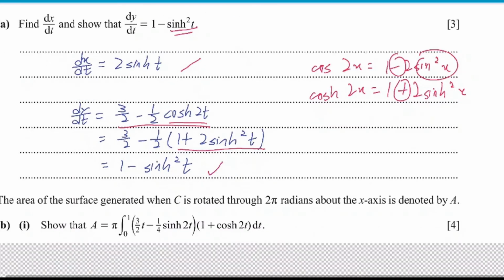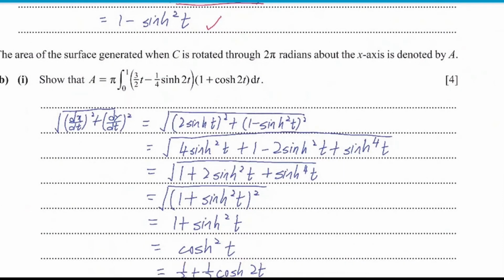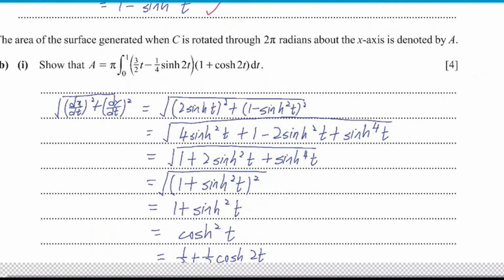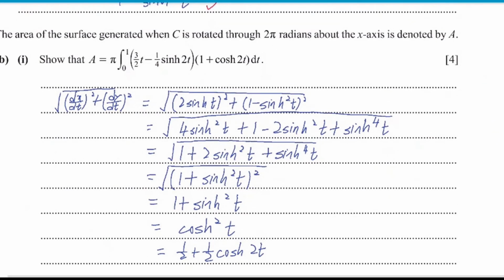So part B1, they want us to show that the surface area generated is given by this. It's a 4 marks question, quite a bit of things that we need to do. In the formula, we know that it is 2 pi integrate y times the square root of dx/dt squared plus dy/dt squared.